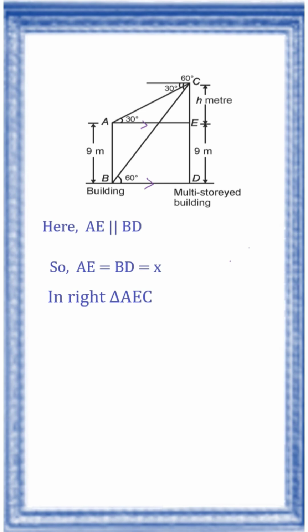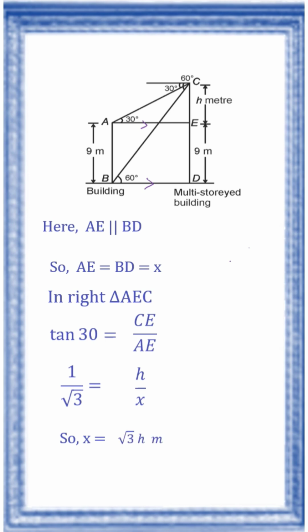Tan 30 is equal to CE by AE. Tan 30 is 1 by root 3, that is equal to CE is H, AE is X. So X is equal to root 3 H meter.